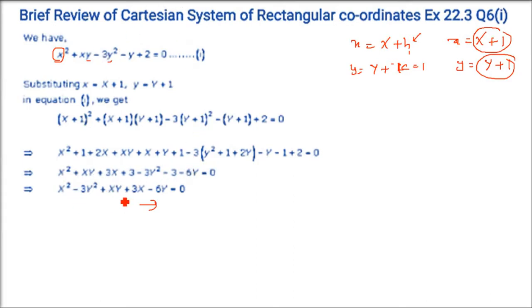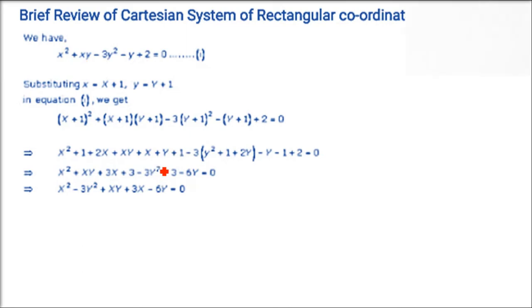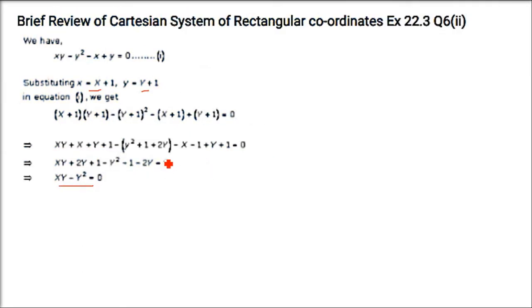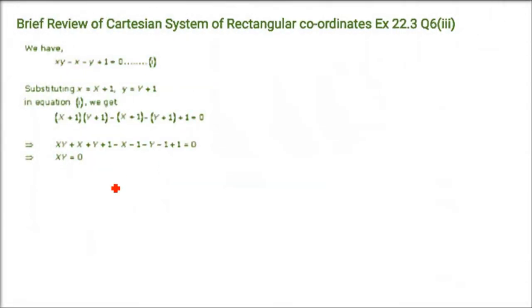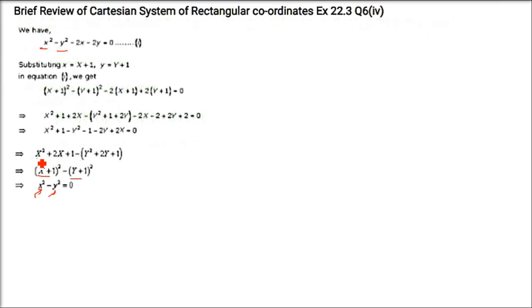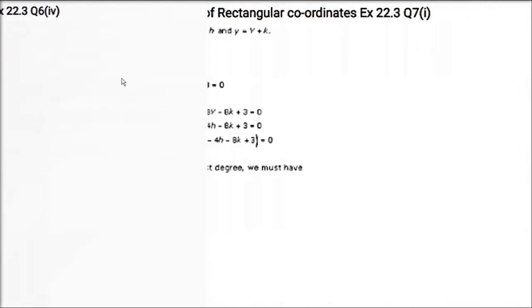If you can find a formula, you can just put capital X plus 1 again as small x and capital Y plus 1 as small y. So if you see here, in the last part you get X square plus 2X plus 1, so you know that this is capital X plus 1. Now this capital X plus 1 can always be written as small x, right?